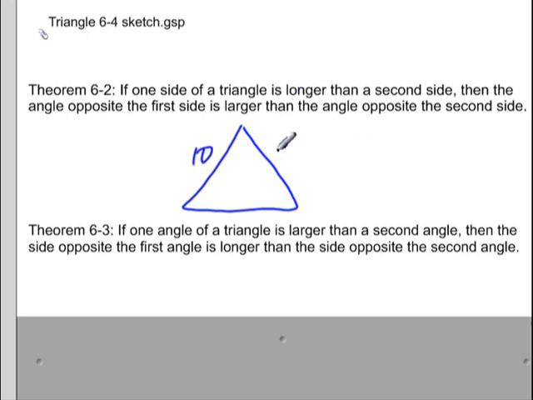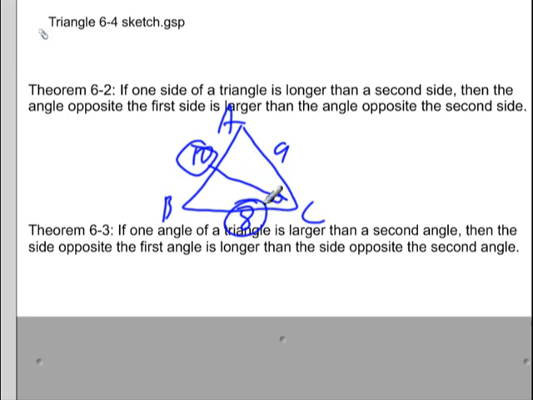So if this is 10, 9, and 8, and I ask you which angle, A, B, or C, is going to be the biggest angle, it's always going to be the one opposite the biggest side. So if the 10 is the biggest side, that means angle C is going to be the biggest angle. And if I ask you which one's the smallest angle, same thing.